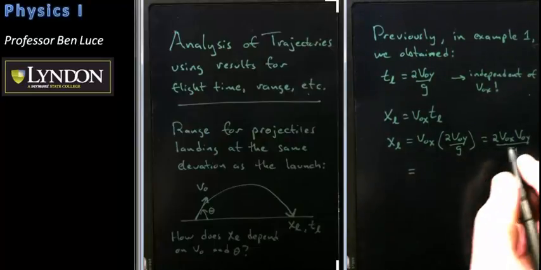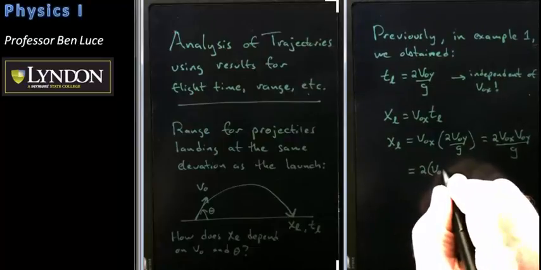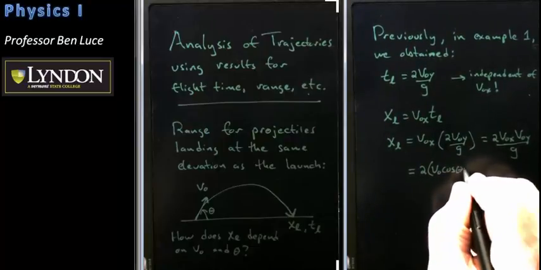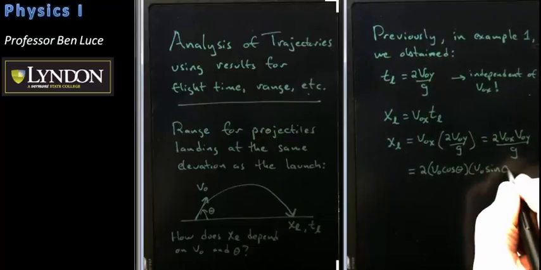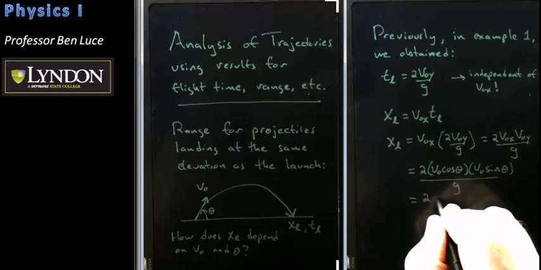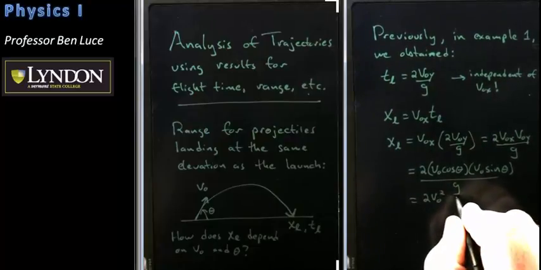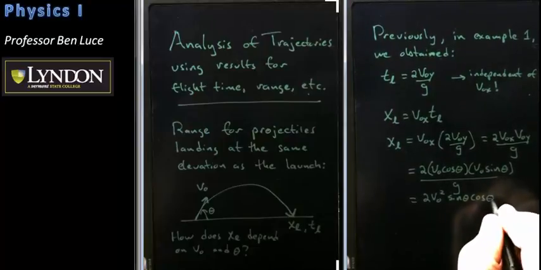Okay, going further, we can substitute in the trigonometric expressions for V0x and V0y. Simplify somewhat. I'll change the order of things a little bit.